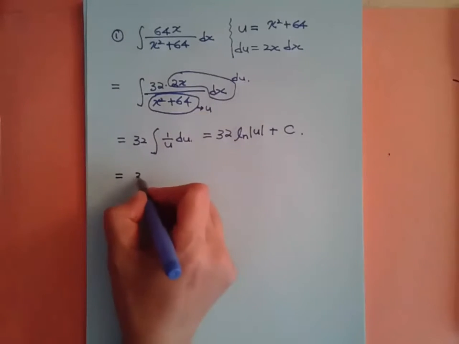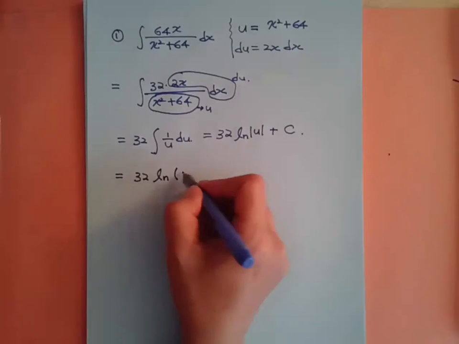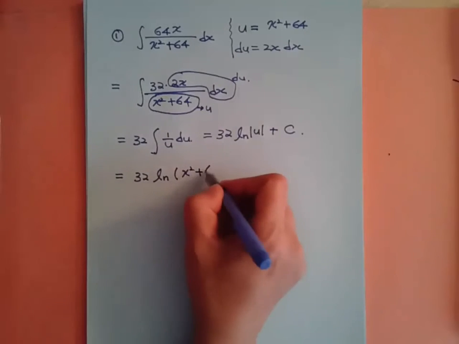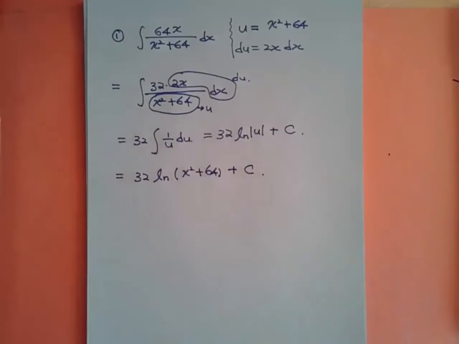So that is 32 times natural log of x squared plus 64 plus c. Any question about this?